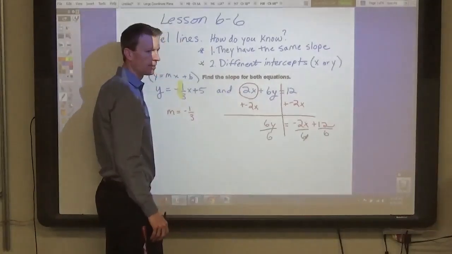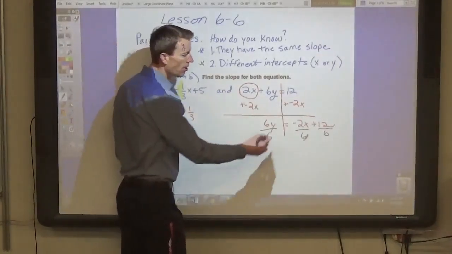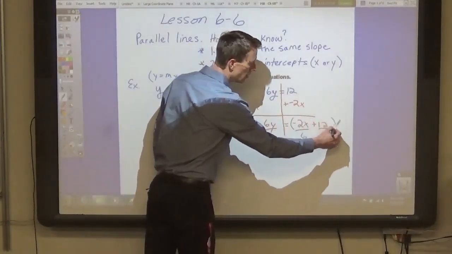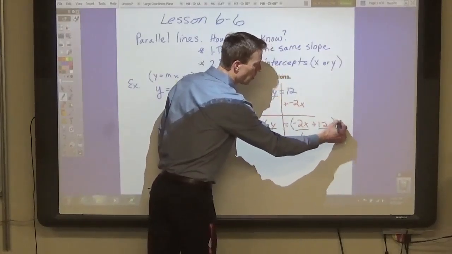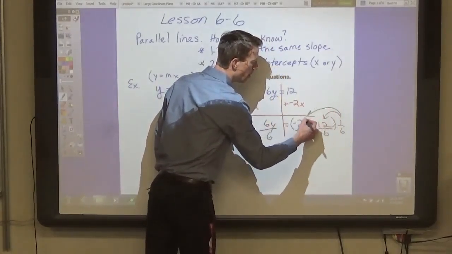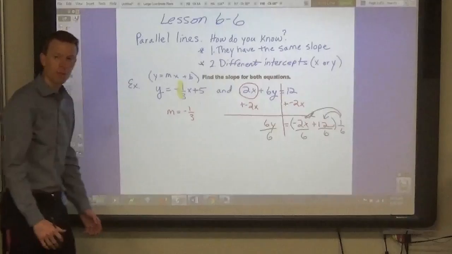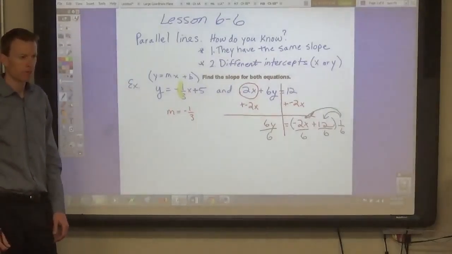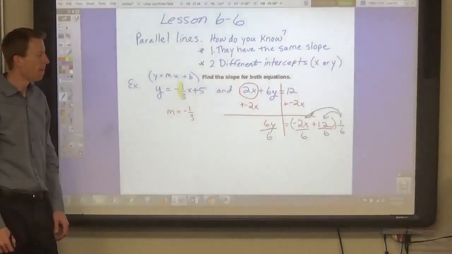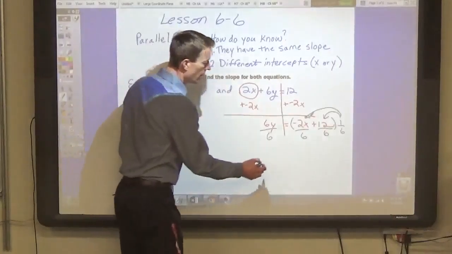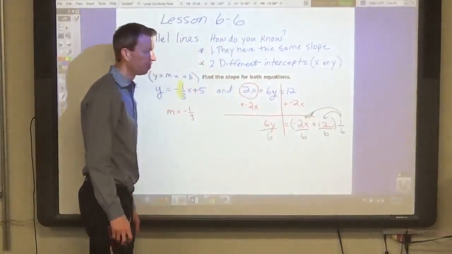We have to divide everything by 6, or distribute the 1/6 to every number, which is the same as dividing everything by 6. And then simplify it.